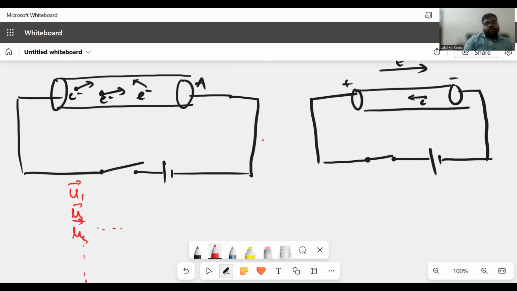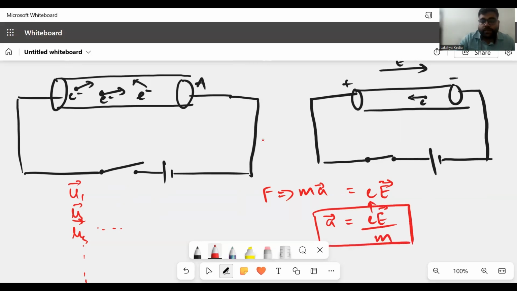And we know that the force which is equal to ma can also be written in case of electric field as eE, where e is the charge of a single electron and capital E is the electric field, right? So here we can equate this to find the acceleration for a single electron due to this electric field, right?